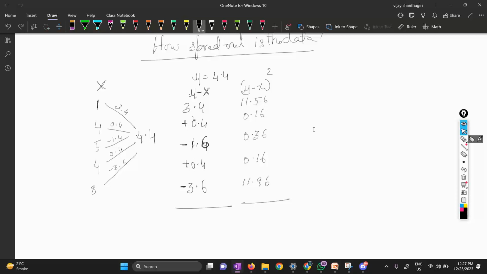It will be roughly around 5.2. How? Because we added all this and divided by 5, correct? Correct, yes. 5.04, sir, exact value. Okay.